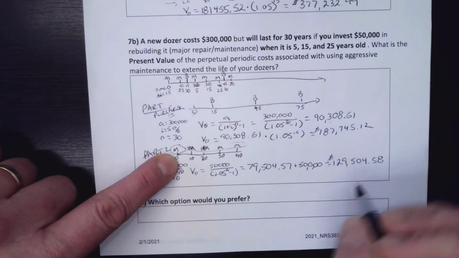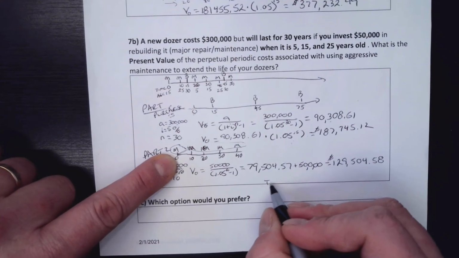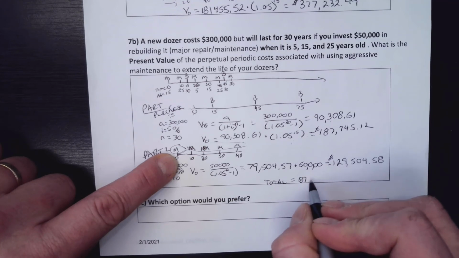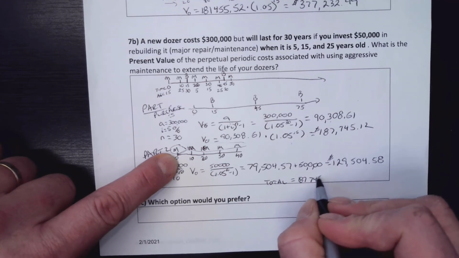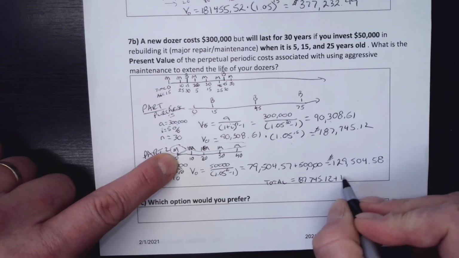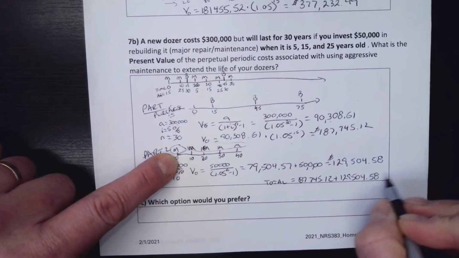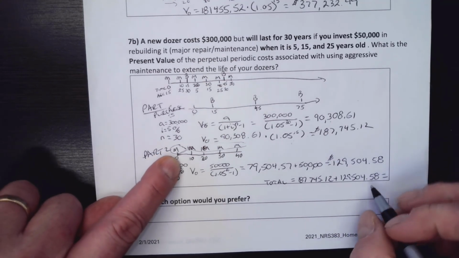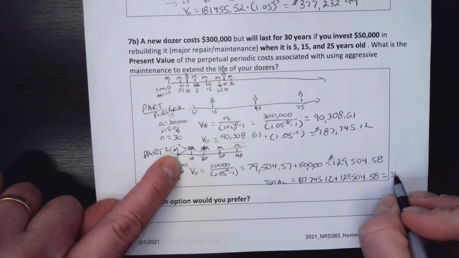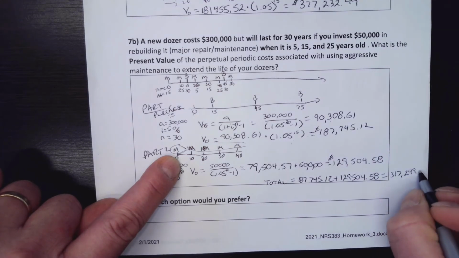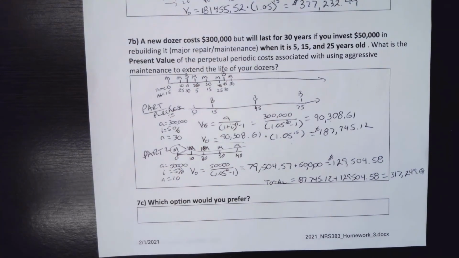Okay, so we got our 2 parts. We got buying new ones, we got maintenance. We can total that, and we get 187,745.12 plus 129,504.58 equals 317,249.69.